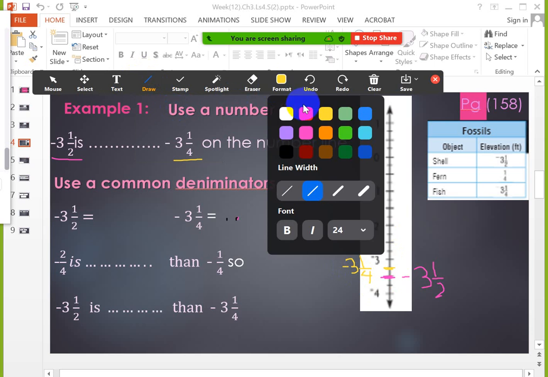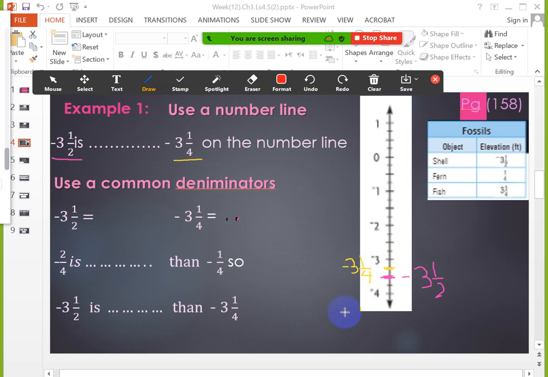According to the vertical number line, we know that when the direction goes up, the numbers become greater. This is the greater direction, and I have to follow this direction.